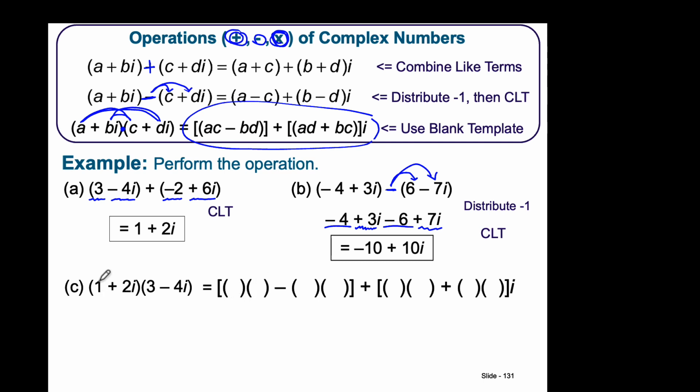So now I'm going to take a, which is 1, that gets plugged in here and here. b, which is 2, that gets this spot and this spot. c is 3, that gets this spot and this spot. And finally, d is -4, so that gets this spot and this spot. Then we just have to be careful with our arithmetic, and we're done.